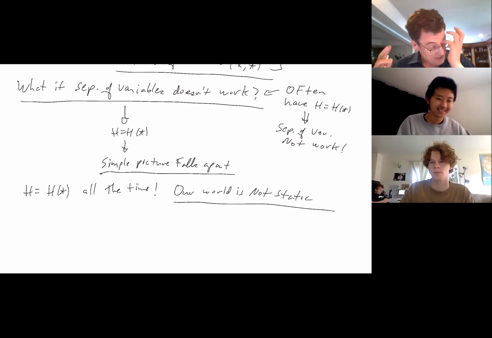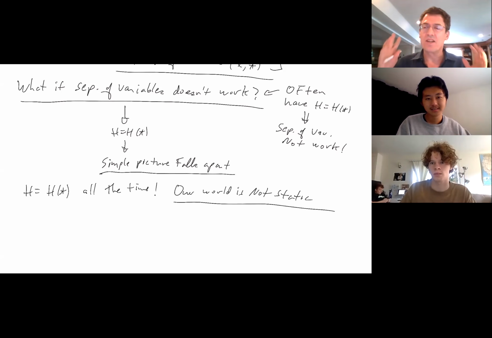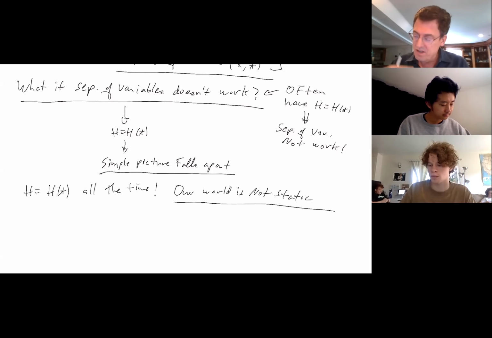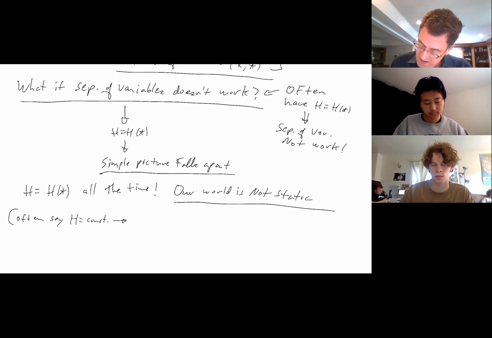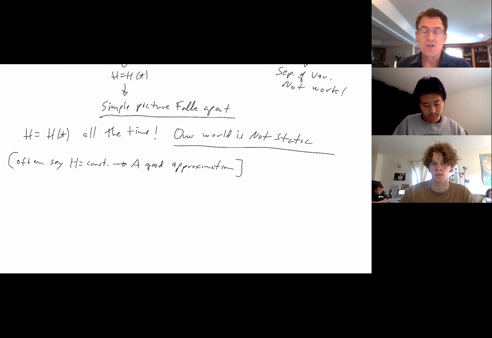Of course it's not a constant, but we make it a constant because it simplifies the picture. It's an approximation. We often say that H equals constant because it's a good approximation. But in the real world, things are changing all the time, and so we need to deal with that.